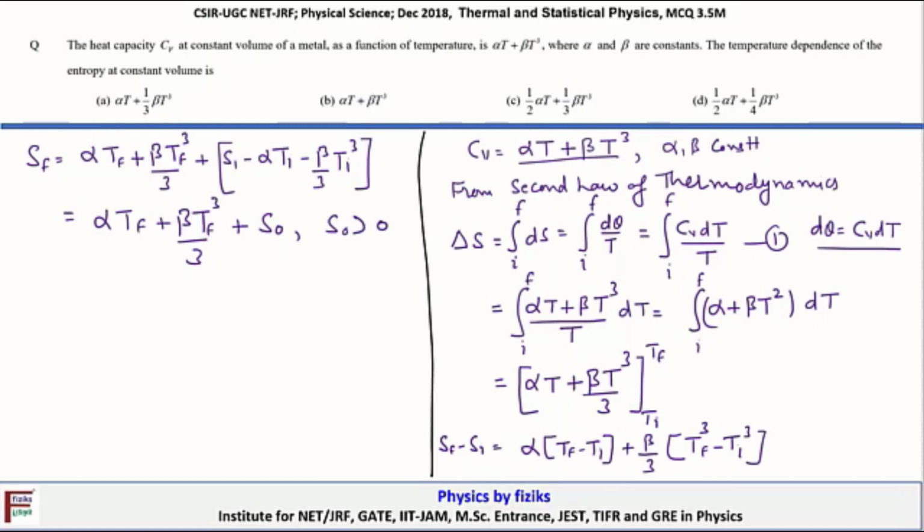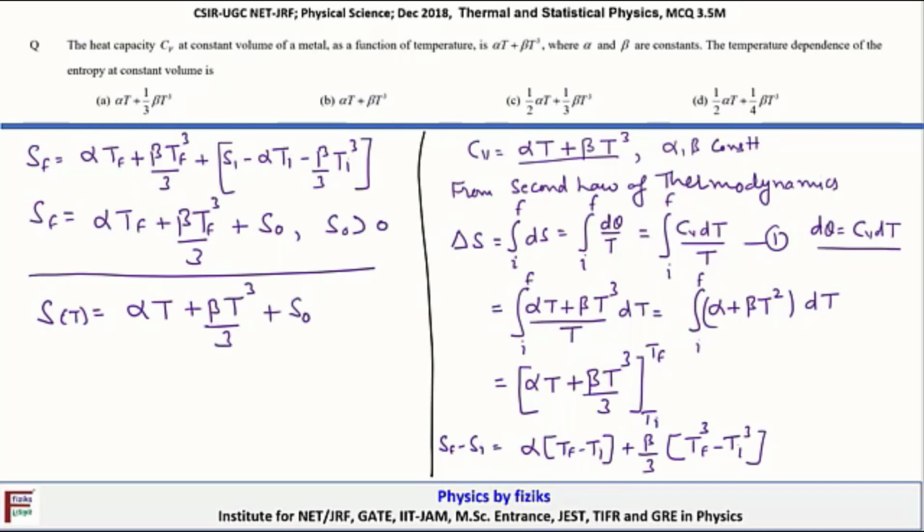In general I can write this as S of T equals alpha T plus beta T cube by 3 plus a quantity S0 that depends on the initial equilibrium state. In principle the right answer should be this one, with S0 greater than 0. Only in the special case when the initial state is at absolute zero, S0 turns out to be 0.